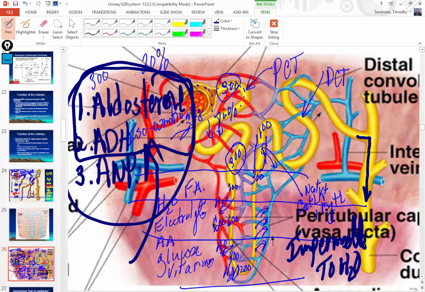So they suck water back from the collecting ducts into the peritubular capillaries. ANP is the only hormone that lowers your blood pressure. All of the other hormones that affect fluid volume and cardiovascular function work to raise your blood pressure. ANP lowers it. Say yeah.